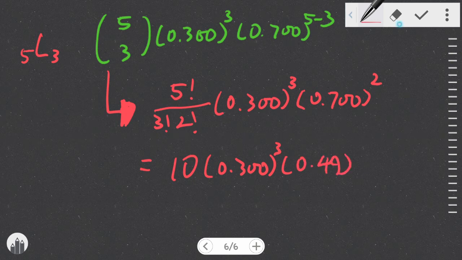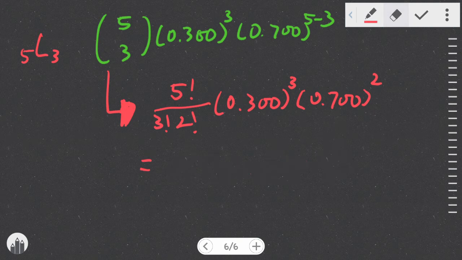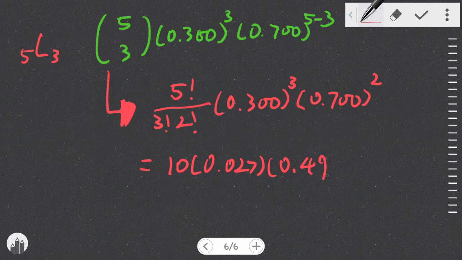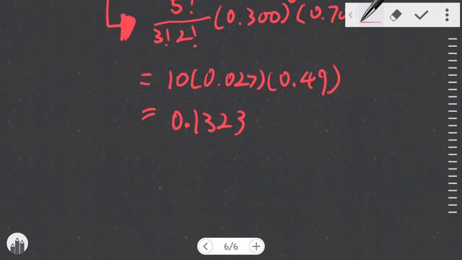Let me just calculate this here. It's going to be 10 here. 3 times 3 times 3 is 27, so that's going to be 0.027. 0.7 times 0.7 is 0.49, which gives 0.1323. We change that to a percentage, it will be 13.23% of it happening.